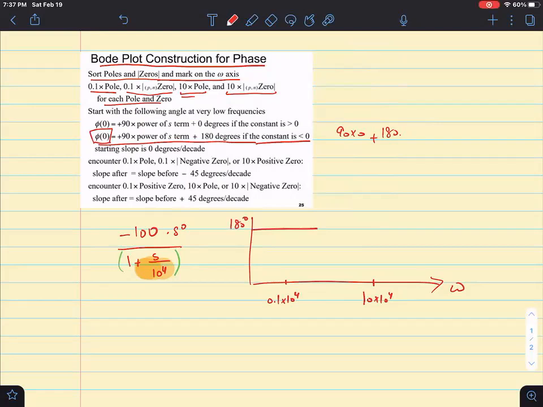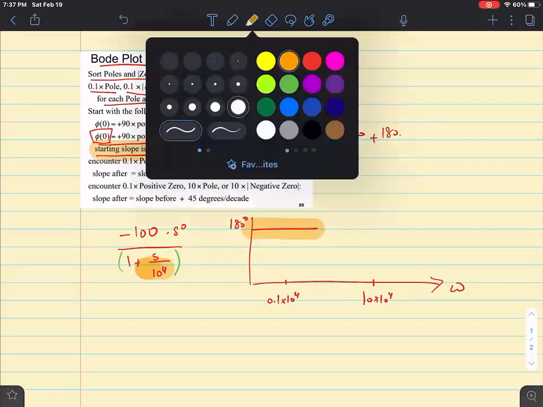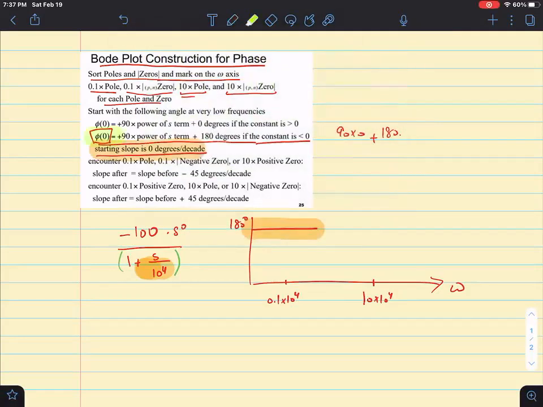Okay. And then, of course, the starting slope is 0. My starting angle is this quantity here, and it is this quantity that I calculate here. Now, I'm going to hit the 0.1 times the pole soon.